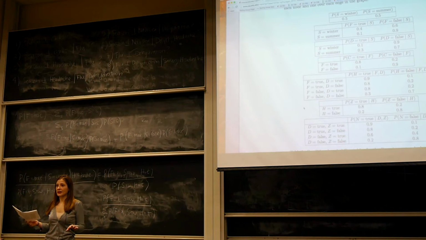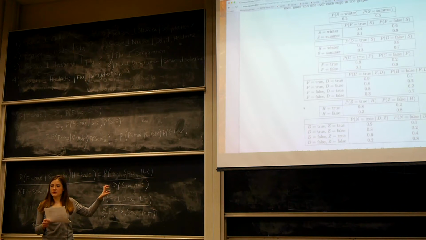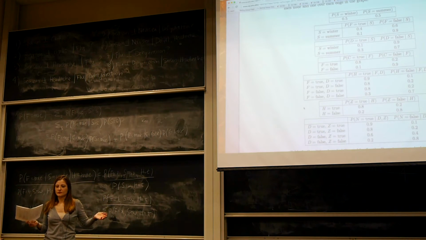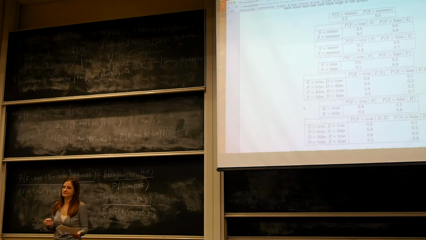The only reason it works for the whole graph is because of the chain rule, because the graphs are constructed in that way, such that you can pull these properties out of the graph. But once you're faced with a smaller joint probability, you need to only use known laws of probability to evaluate that.